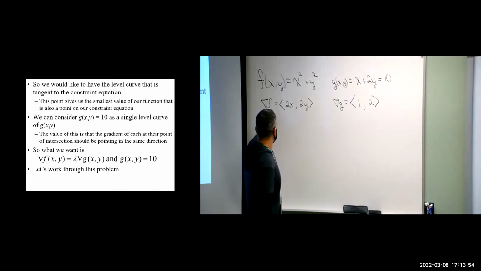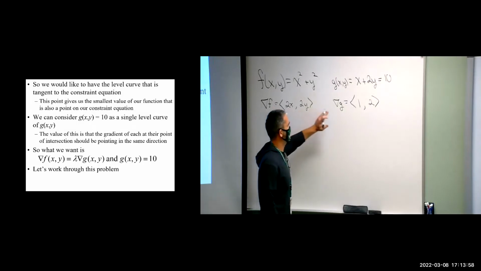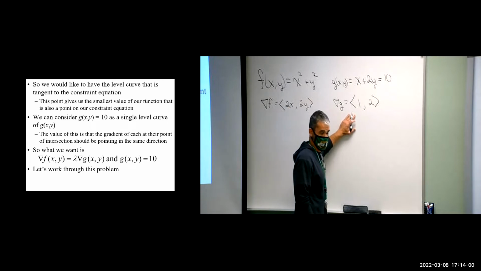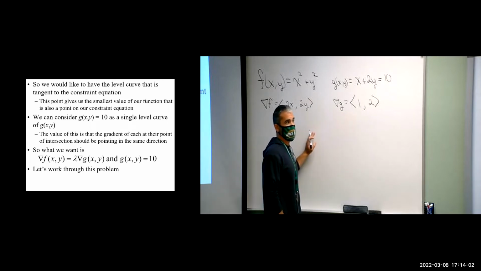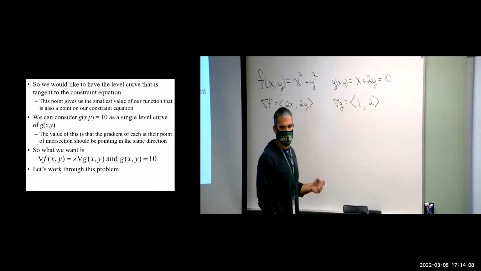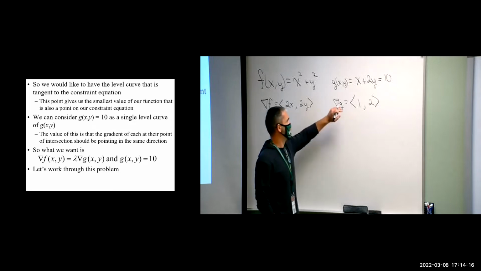But now what we do is we set the components of the f equal to lambda times the component of g. Now, as far as your optimization problem goes, in theory, you could put the lambda on either side. But I'm going to show you in a little bit that lambda has a very specific meaning. So we always want to attach lambda to g.